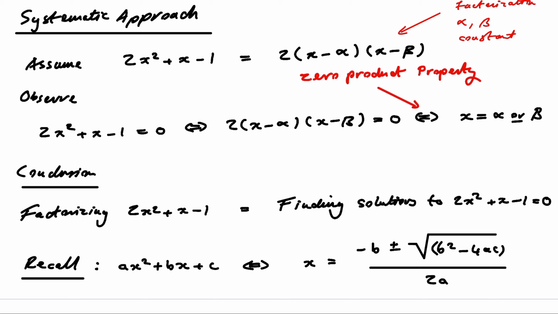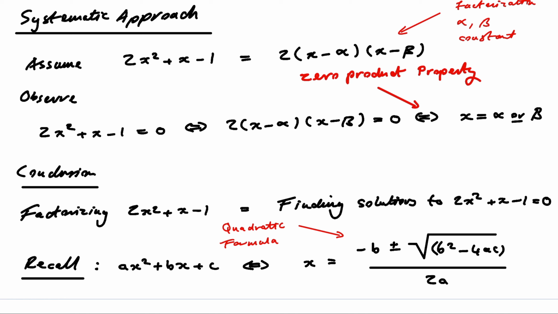Kind of a pretty crazy formula. So this is called the quadratic formula. It's a brute force way of finding zeros of quadratic equations.